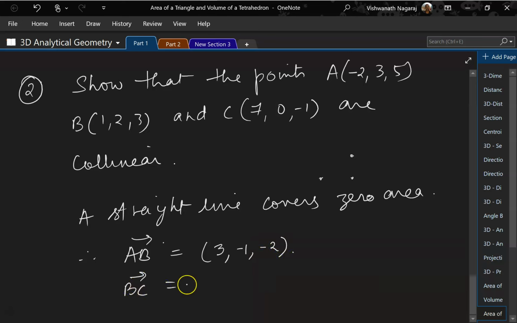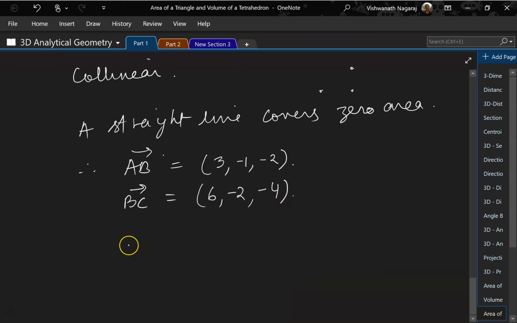BC is equal to 7 minus 1, 6, 0 minus 2 is minus 2, minus 1 minus 3 is minus 4. Okay, so now first let's look at AB cross BC. This would give us i, j, k, 3 minus 1 minus 2, 6 minus 2 minus 4.